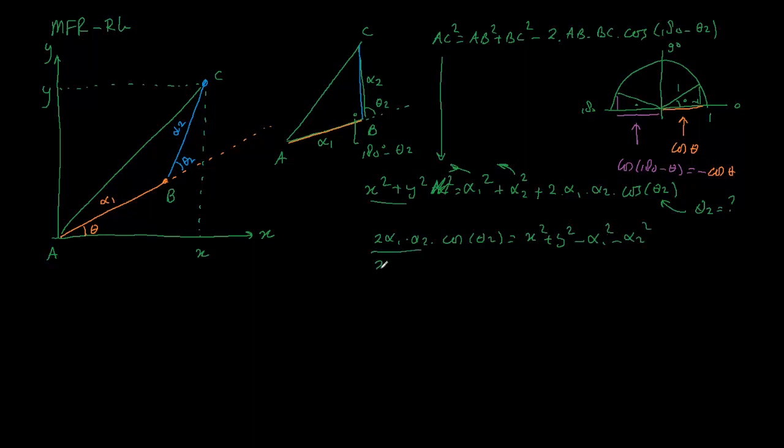Get rid of the 2 alpha 1 alpha 2, they are not 0, so we divide by them as well. Here we have an expression for the cosine. If you want to know the angle itself, take the arc cosine of the whole thing.